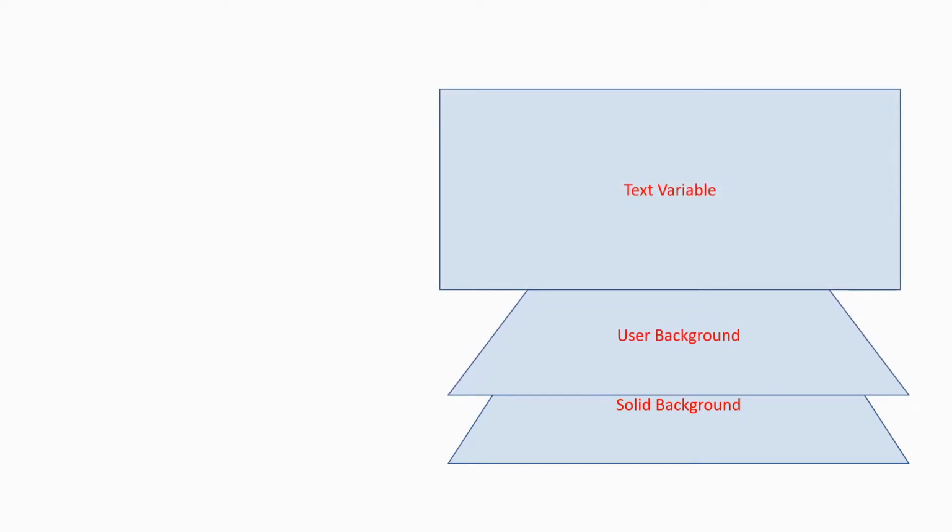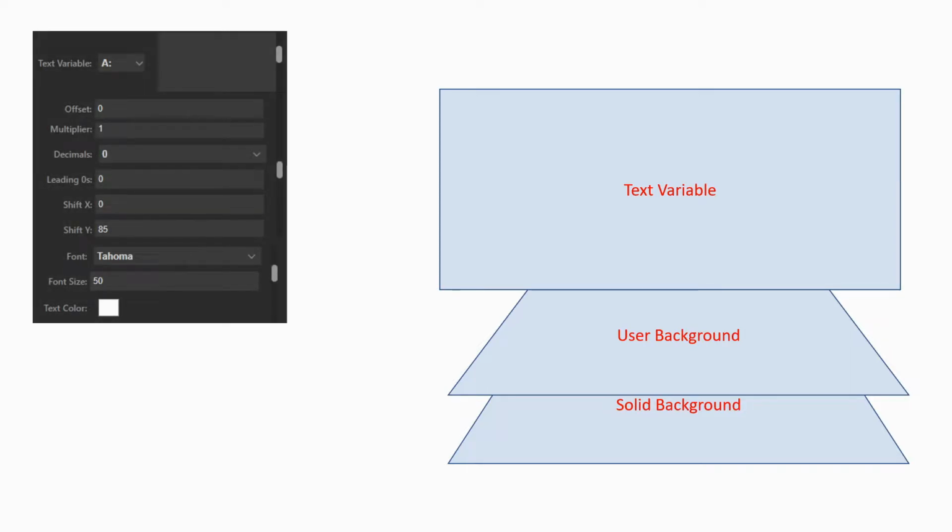The next layer is an optional one where you can put the text variable back on. So if you want to see the actual temperature as well as have a gauge showing it, you can put the exact temperature on there. And that's exactly as it was on the text gauge, that there's a variable for it to read and it'll put that text on there. You have the ability, if you need to offset it, to add or subtract from the number and to multiply it and divide it, but there's no need to for this one.